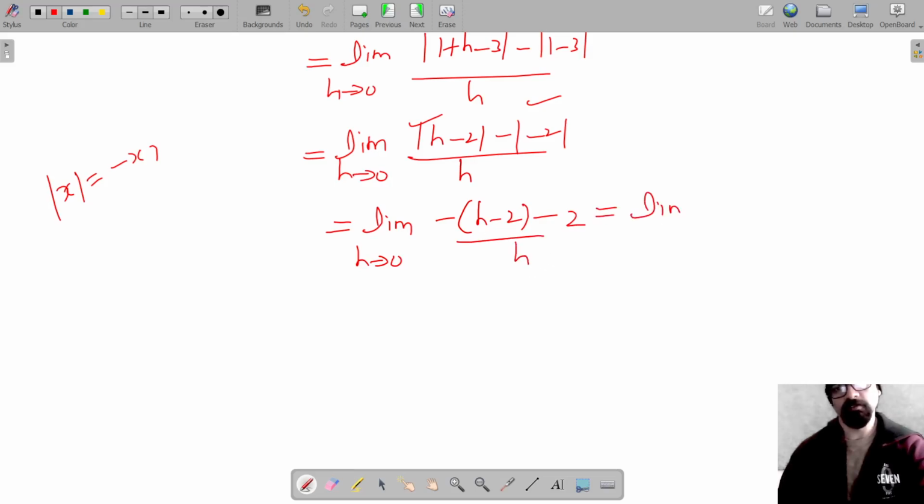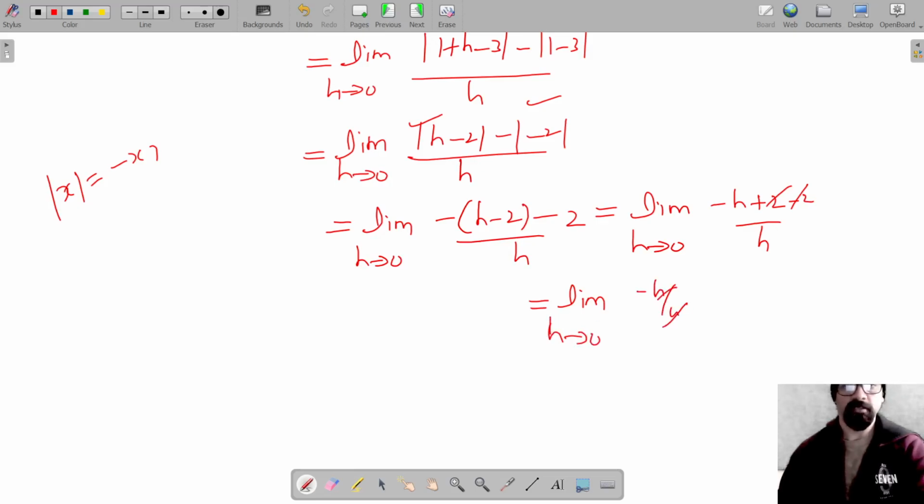This becomes limit h tends to 0, negative h plus 2 minus 2 by h. So this is limit h tends to 0 of negative h by h, which is negative 1. So our right hand derivative is negative 1.